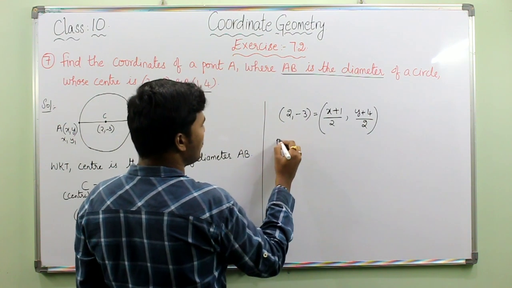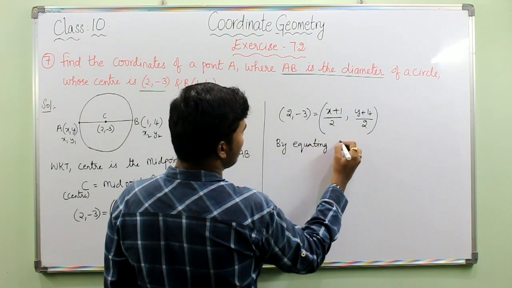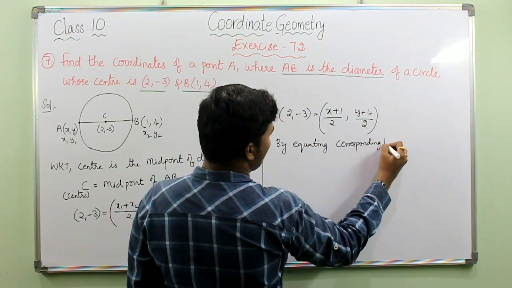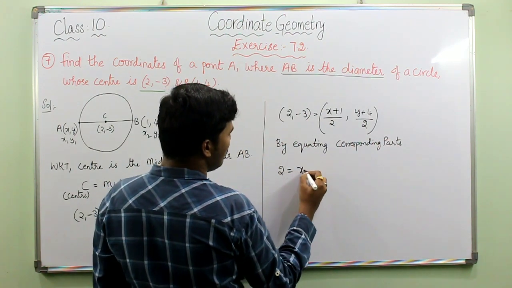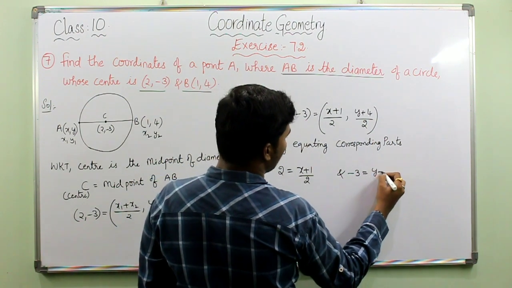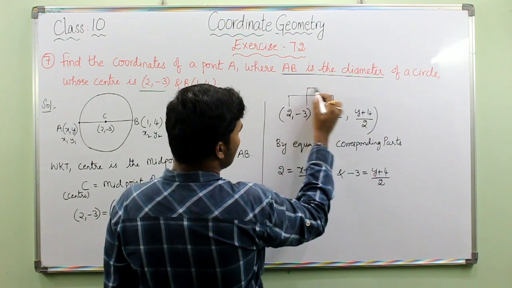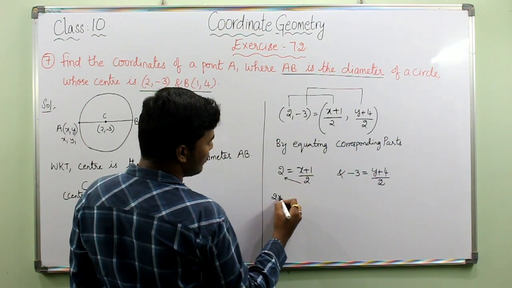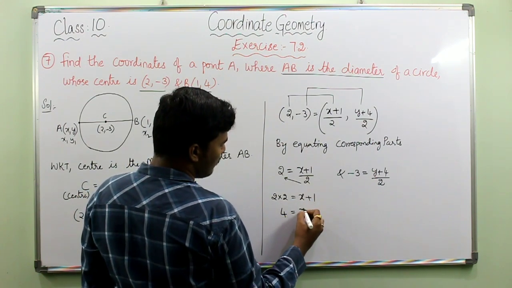By equating the corresponding parts, we get 2 is equal to (x plus 1) by 2 and minus 3 is equal to (y plus 4) by 2. We are equating the corresponding parts like this. Then if I shift the 2 here, it becomes 2 into 2 is equal to x plus 1, that is 4 is equal to x plus 1.